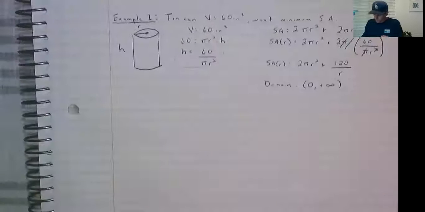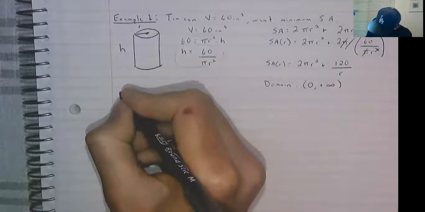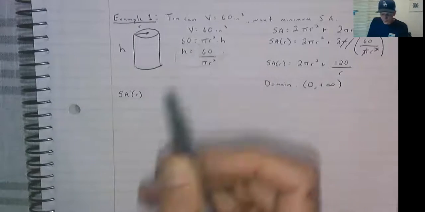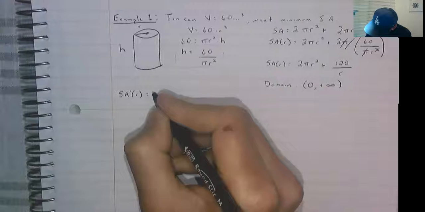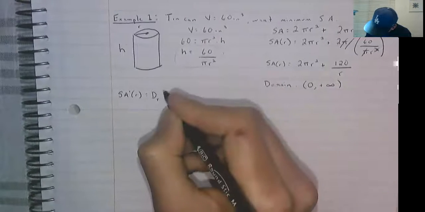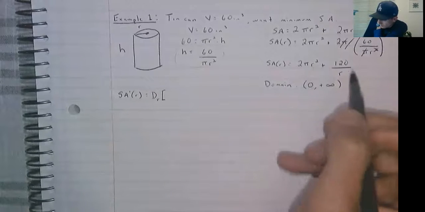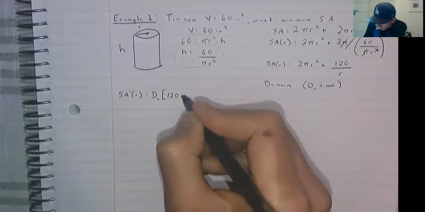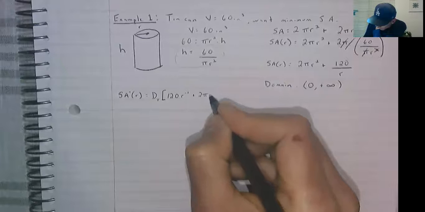Okay. So now we're going to find some derivatives of SA. So the first derivative of SA, SA prime of R, is going to be the derivative with respect to R. I'm going to redefine this as 120 R to the negative first plus 2 pi R squared.